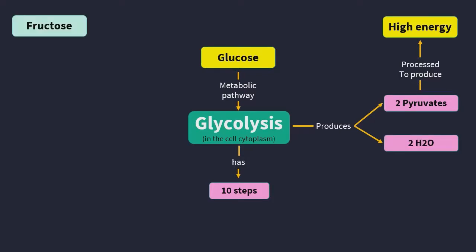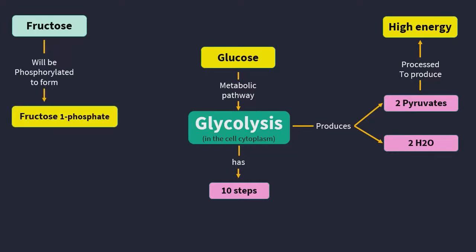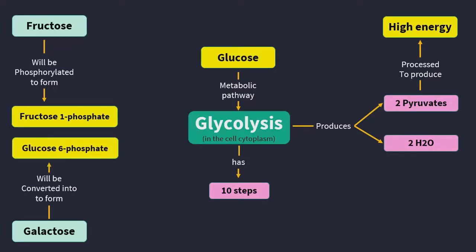Now, what about fructose and galactose? Firstly, fructose, before it enters the glycolytic process, will be phosphorylated to form a compound called fructose 1-phosphate. Galactose, on the other hand, will be converted first to form a compound called glucose 6-phosphate.